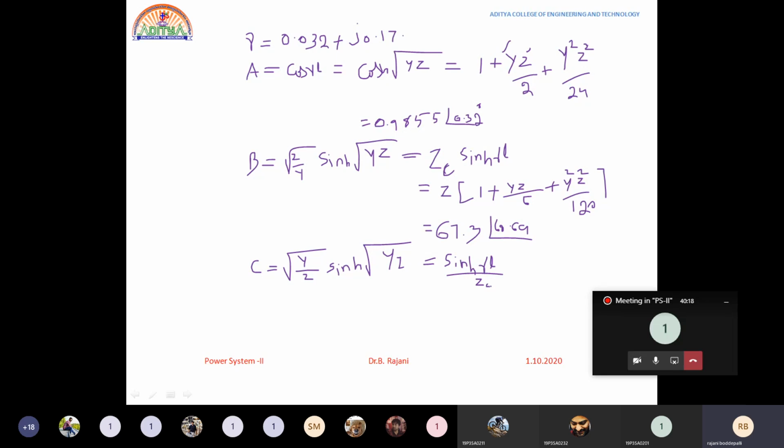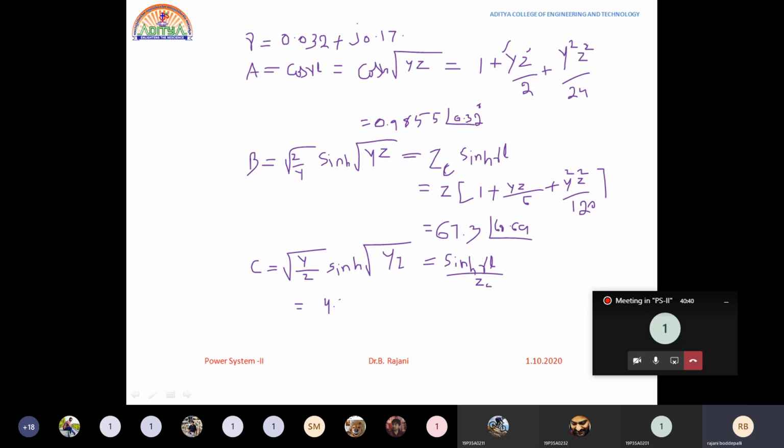We can see, ZC is equals to what? ZC is equals to root over Z by Y, we know. So we know all these values, we can simplify them so that we'll be getting this C as how much? We'll be getting as 4.3.